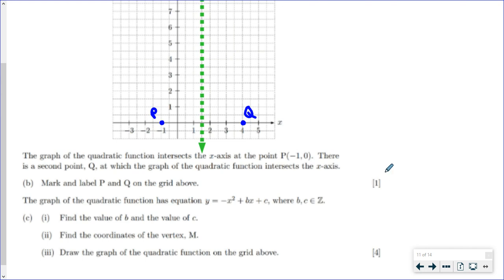The hard way is essentially you come up with a system of equations, where you plug this x and y into this equation once. You plug the x and y into this equation again. Then you will have 2 equations with 2 variables. You can solve for b and c.